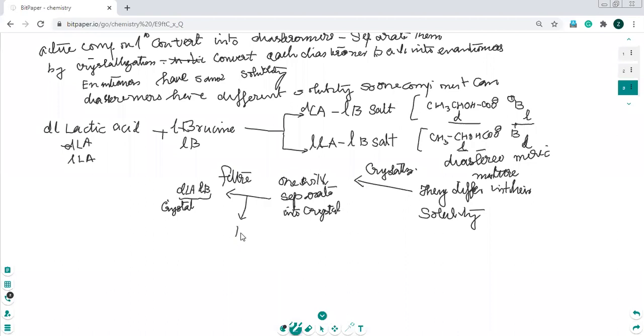You take the mother liquor. Mother liquor means filtrate. You take the filtrate and now you concentrate this solution, and again crystallize it.